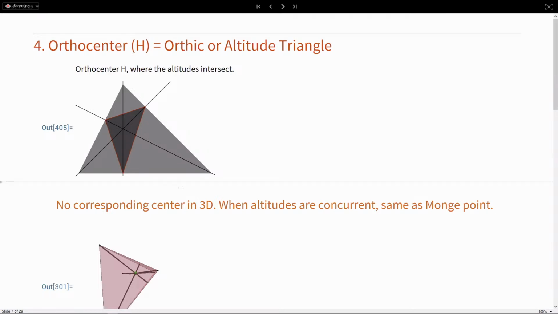So here's where 2D and 3D break down. The fourth famous triangle center is the orthocenter where the altitudes intersect. If we basically drop altitudes to the opposite sides from each vertex, we get the feet, and they intersect at the orthocenter.